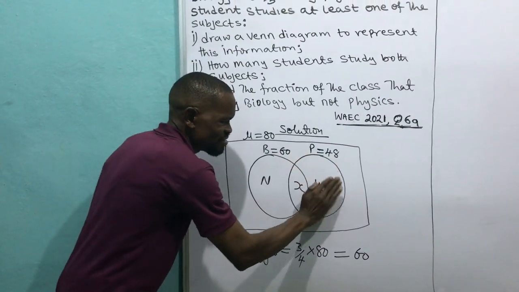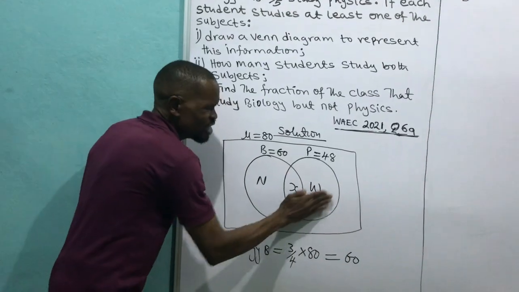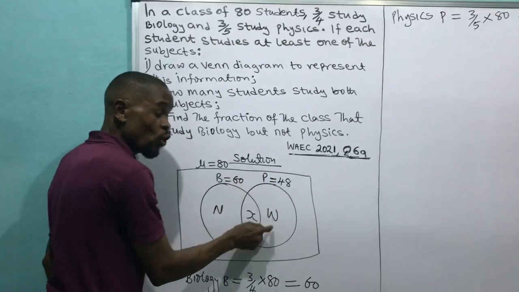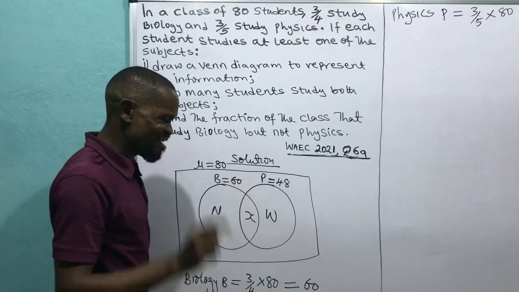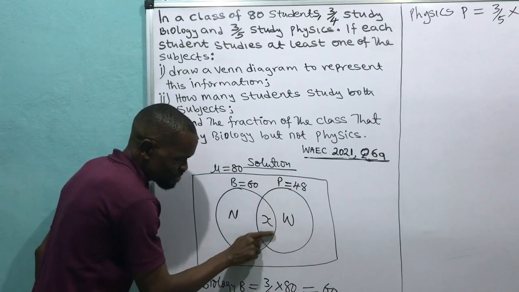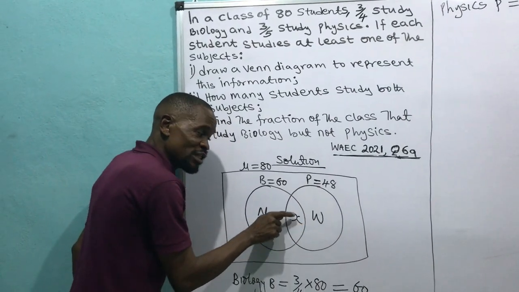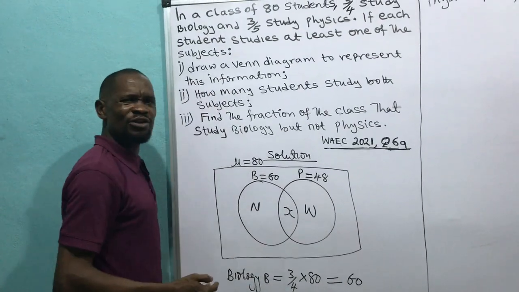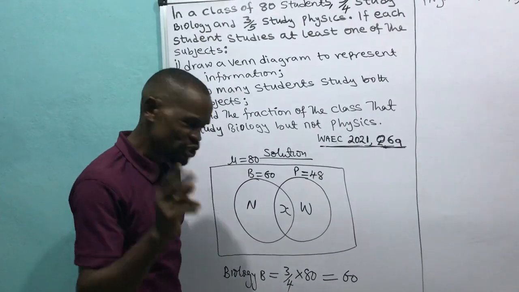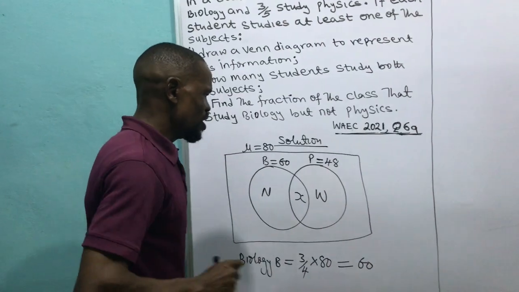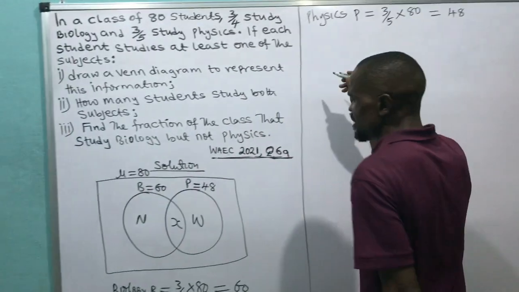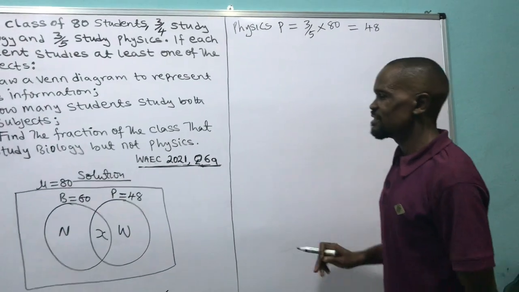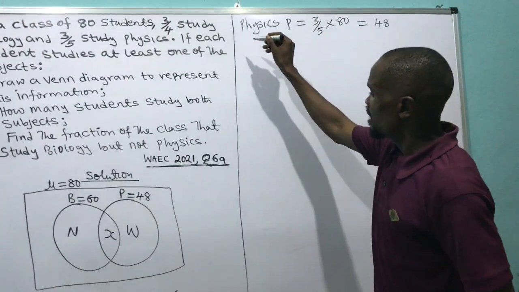Then this place, where my hand is closing, is people that study physics only. Then this place, which X represents, is those that study both physics and biology. That means they are studying 2 courses. So now, looking at this, I will have that what?